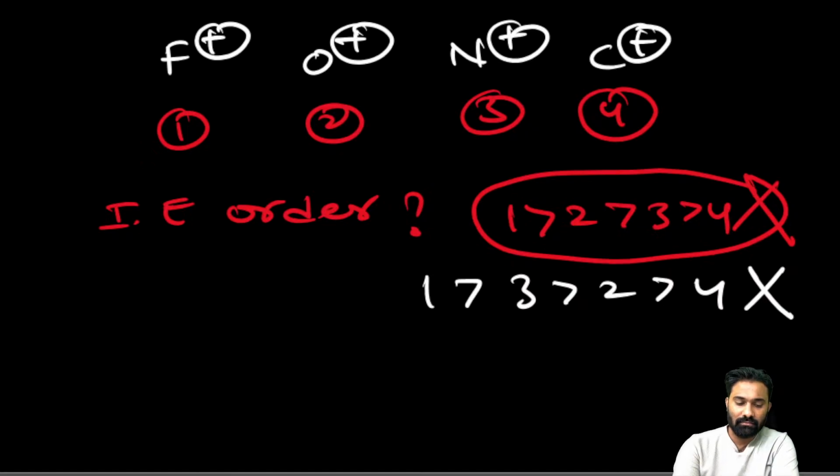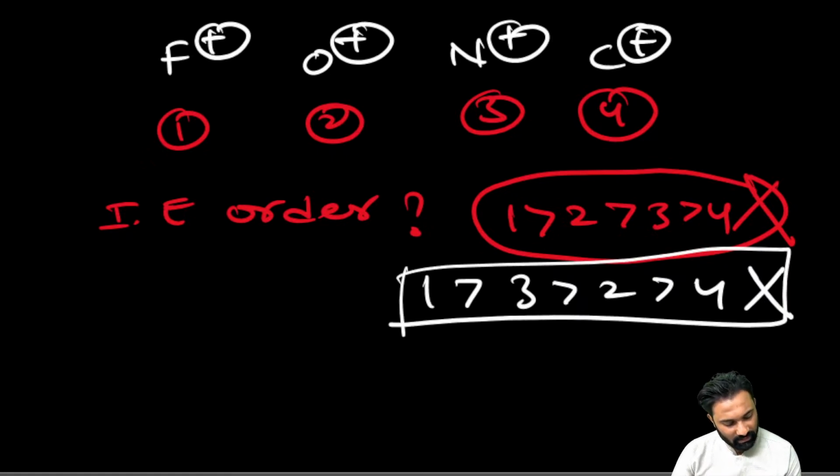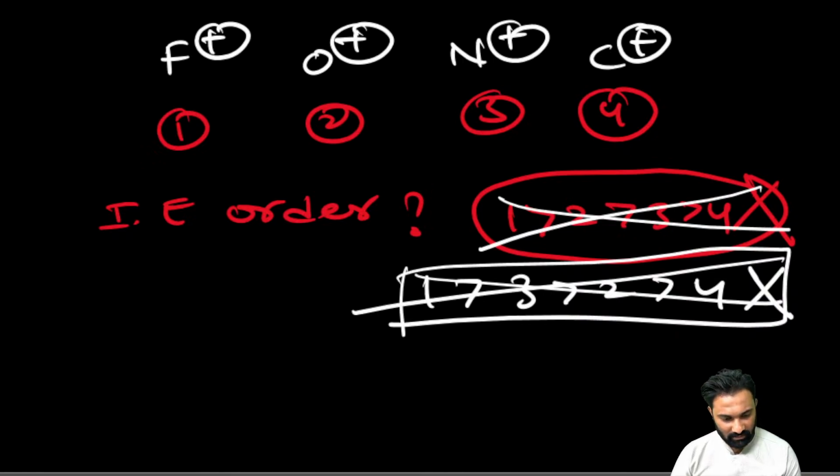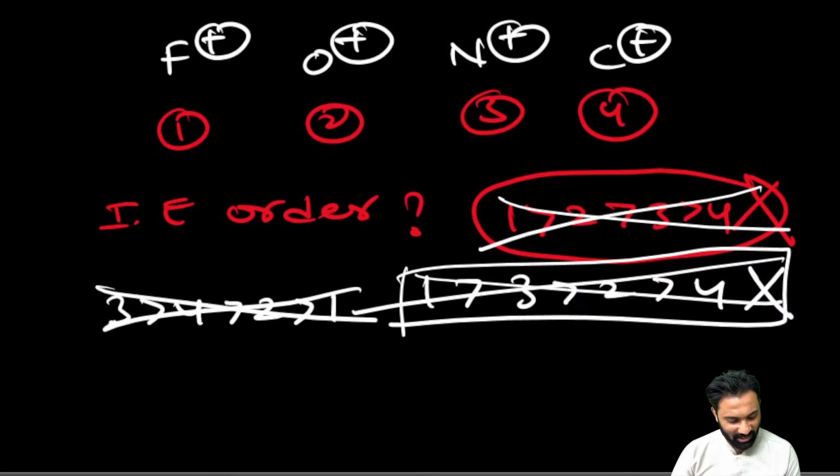That is wrong. Already I explained you right here, it is wrong. 3 greater than 4 greater than 2 greater than 1 is also wrong.